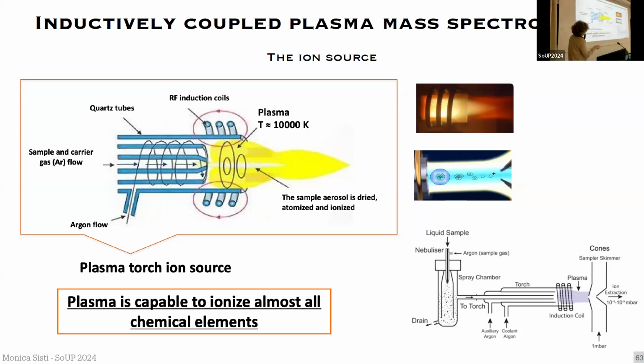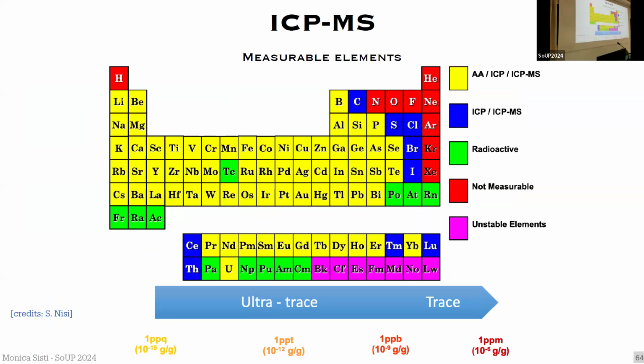And then with some lenses, you introduce it into the ion separation part of the detector. Here is a table with all measurable elements of ICP-MS.